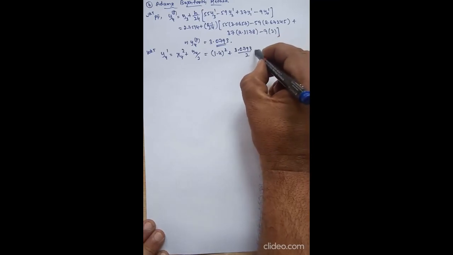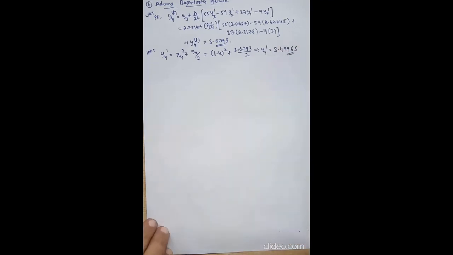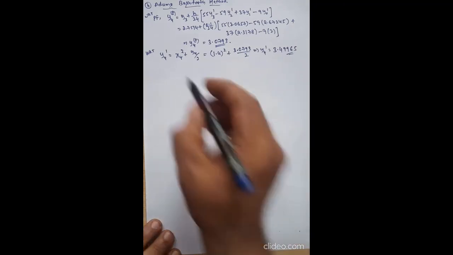So if I simplify this, we get y4 dash, and this comes around 3.49965. So this is y4 dash. So once we get this, you know the next step is you have to find a corrector value. So let us use the Adams-Bashforth corrector formula.